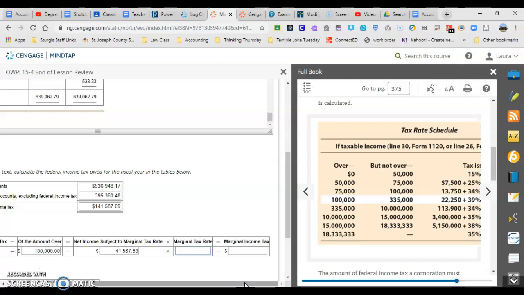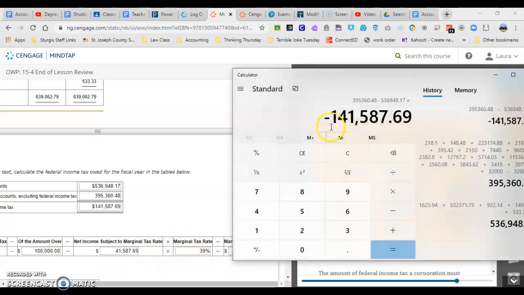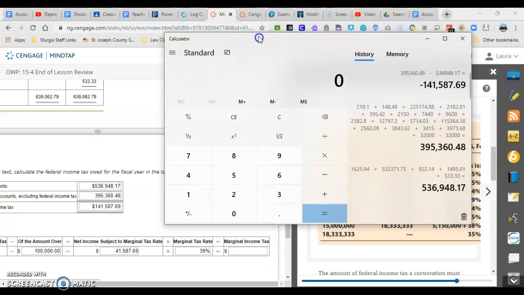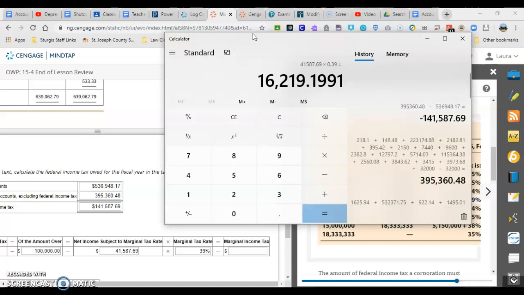So then you're going to take the rate of 39%, and take that times 41,587.69 times 39%, and that is 16,219.20.